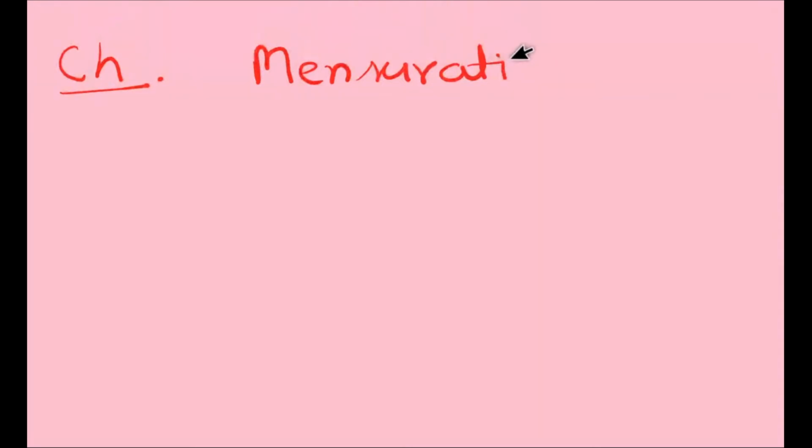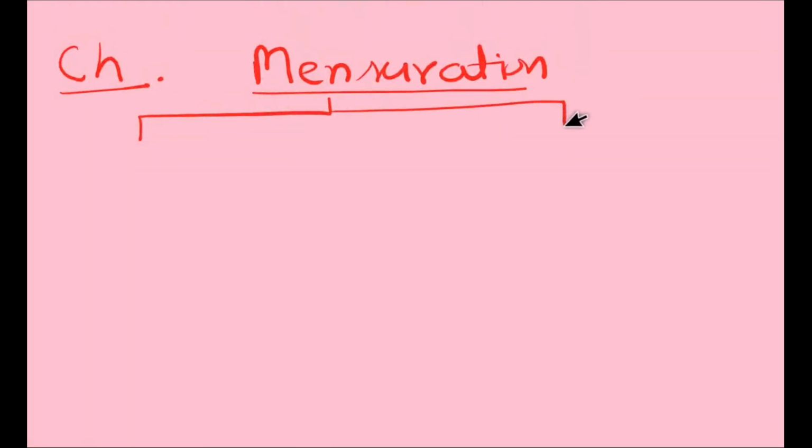Today we will learn the chapter mensuration. And what do you mean by the chapter mensuration? Mensuration can be divided into two parts. One is plane and second is solid.